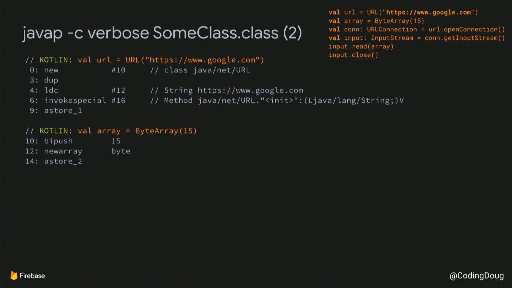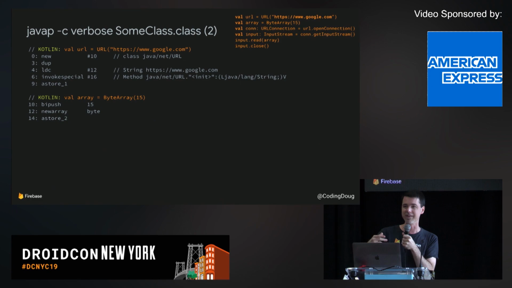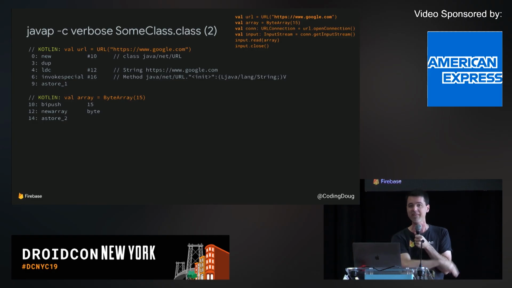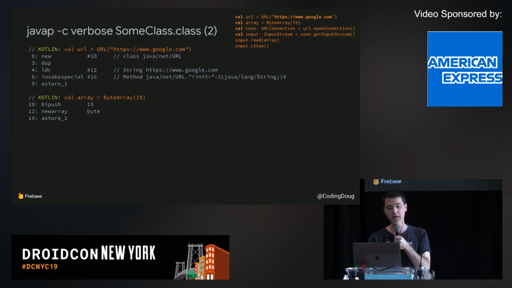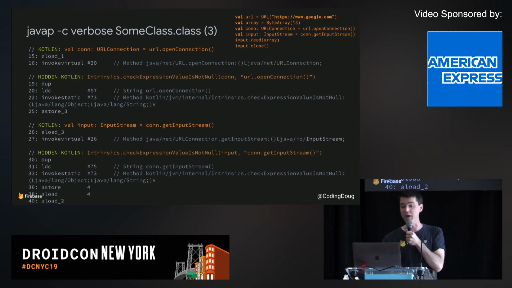So the first line of Kotlin creates a new URL. You can see the bytecode instructions for that. It's just calling new, and that #10 is the constant that describes the URL constructor. I'm not going to go through all of this. Basically, this is what new looks like in bytecode. Then we'll create a new byte array. Again, we're going to call newarray to create the new byte array. Then we're going to find open connection.